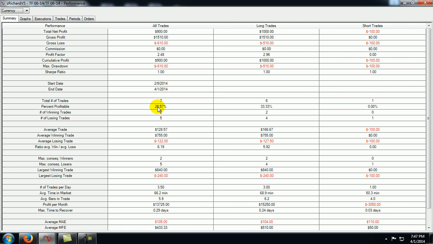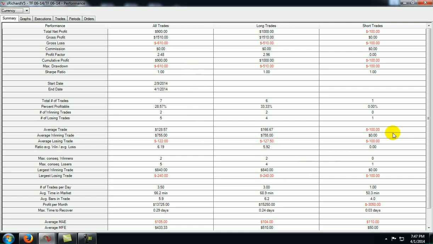There have been 7 trades. Yesterday was sort of a flop. That's where we had most of our issues or our losses. But we had 7 trades the last 2 days.